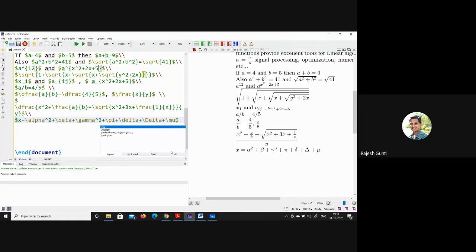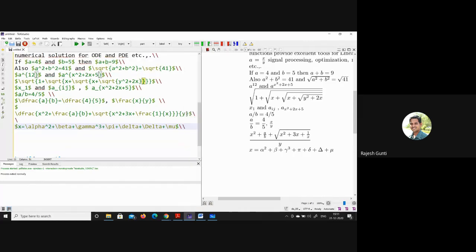Like this, we can type mu, delta, gamma. So many symbols are there. I will forward my MATLAB LaTeX symbols document this evening or night.